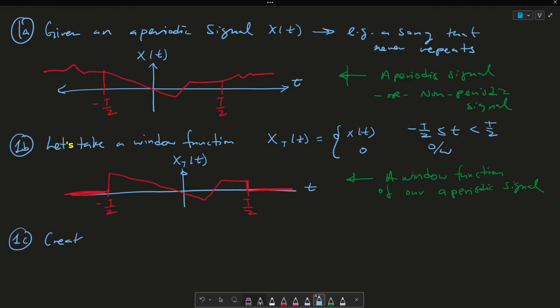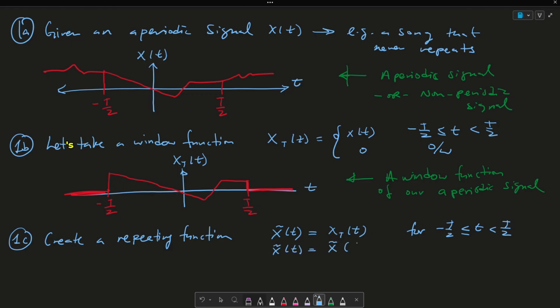So if you create a repeating function, and let me call this repeating function x tilde of t, where it is equal to x capital T of t, my window function for minus t over 2 up until t over 2, and also x tilde of t is equated to x tilde of t plus n capital T. And this is for when n is equated to any integer other than 0.